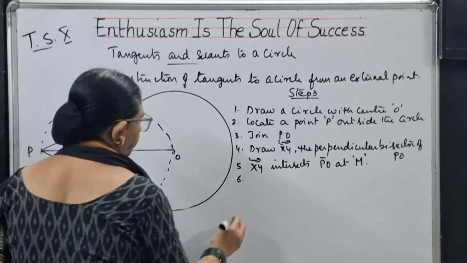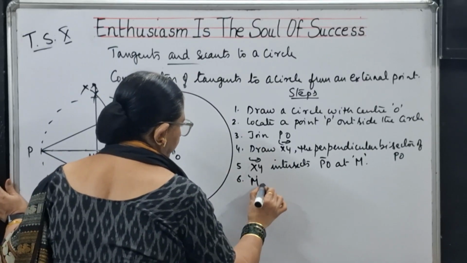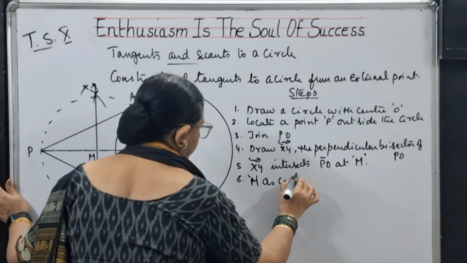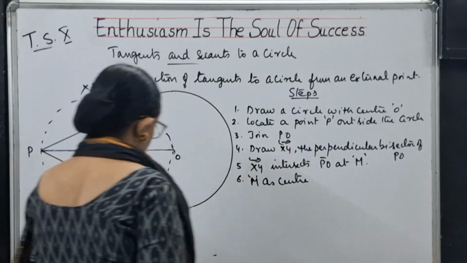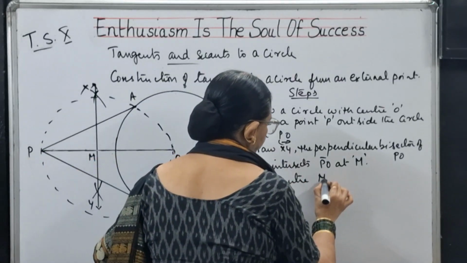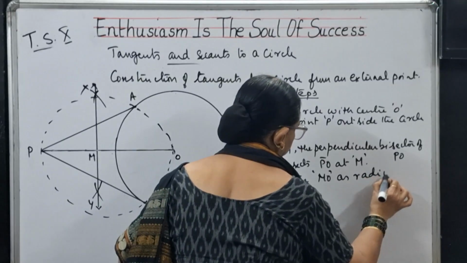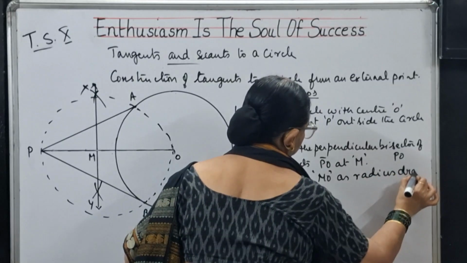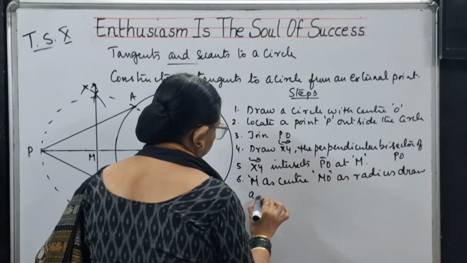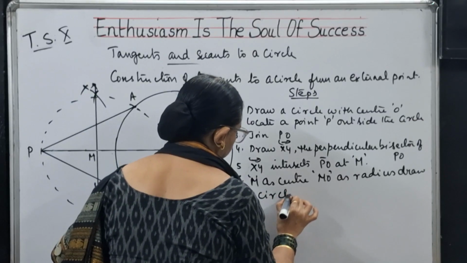Next, sixth point, M as a center, MO as radius, draw a circle.